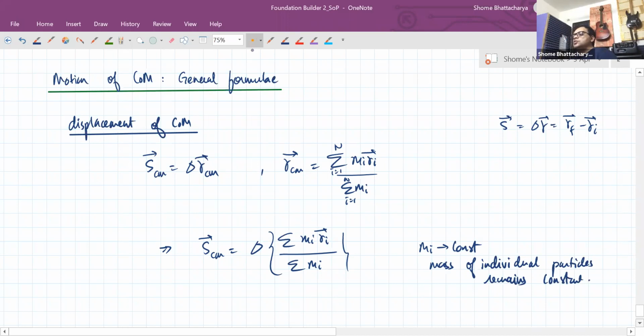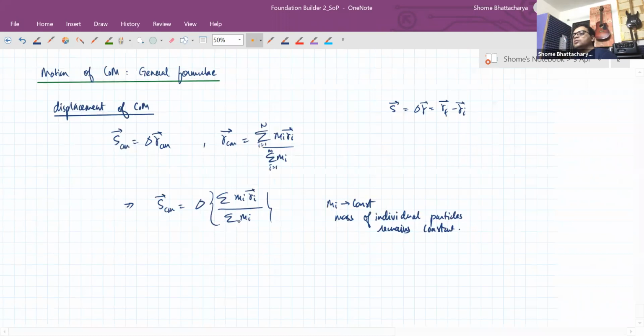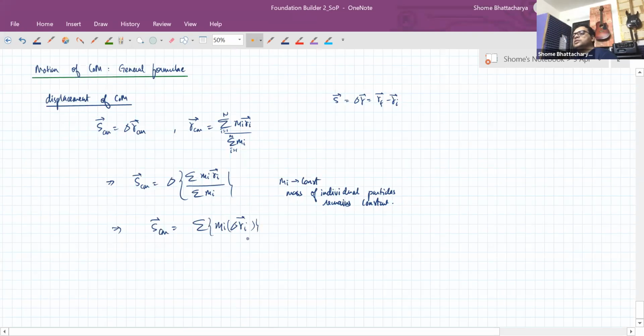So therefore, in the next step, this formula for change will go into the bracket and it will apply to position. It's only positions which are changing. The masses are remaining constant. It's basically like saying for a two-particle system, we just compare this general formula with a two-particle system.